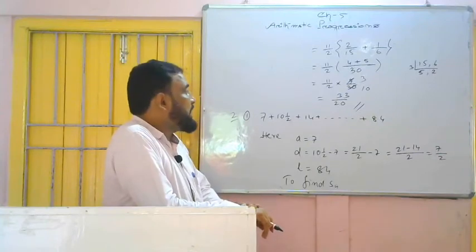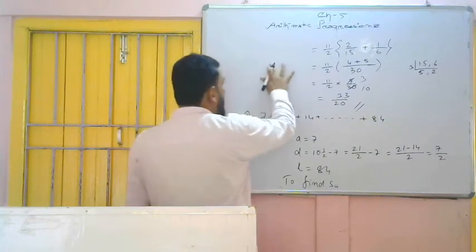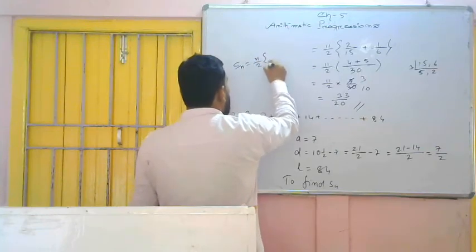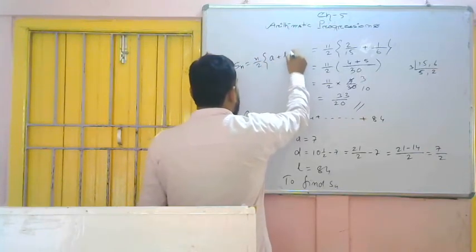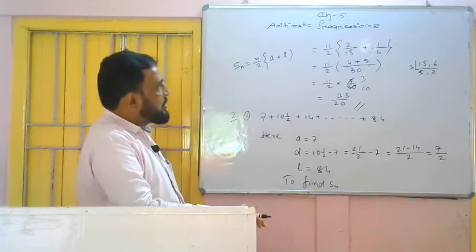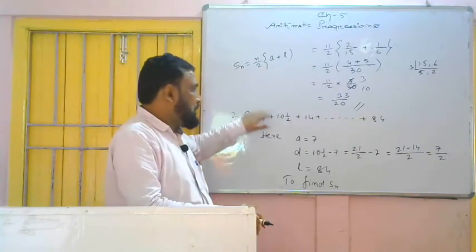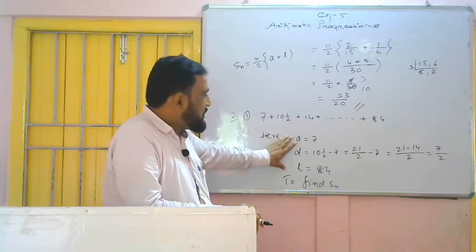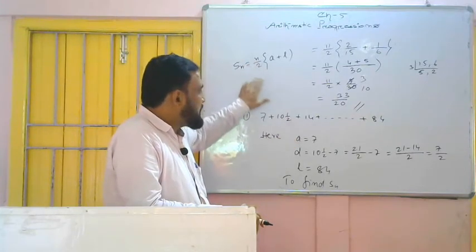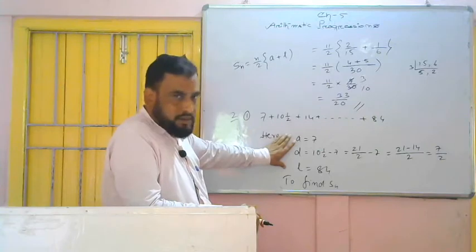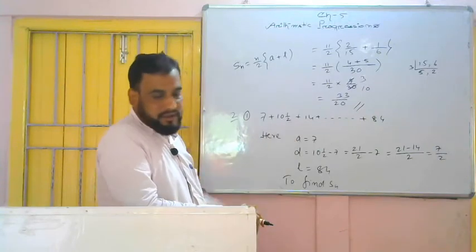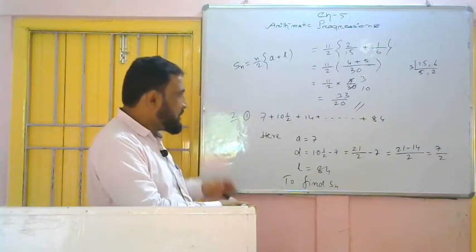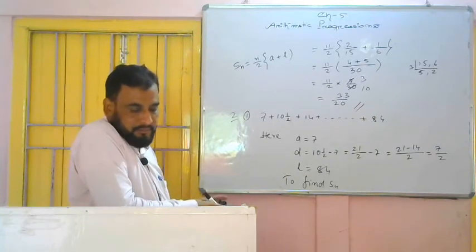Now, to find Sn, what is the formula? If L is there, Sn is equal to n by 2 into A plus L. But in our problem, n is absent. So we have to find out n first. Now how to find out n?